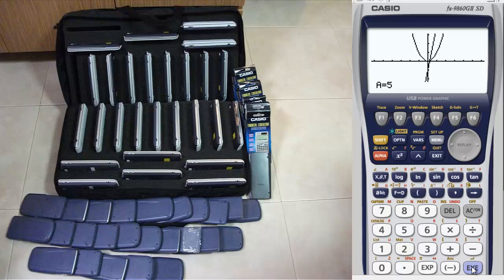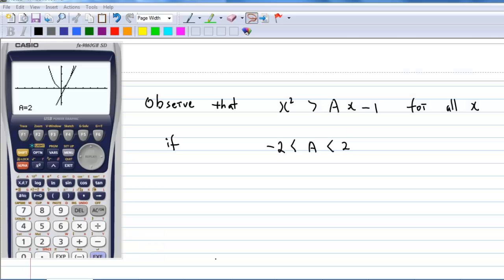Therefore, we conclude that the value of a should be from minus 2 to 2. Observe that x squared is greater than a times x minus 1 for all x if a is less than 2 and greater than minus 2.